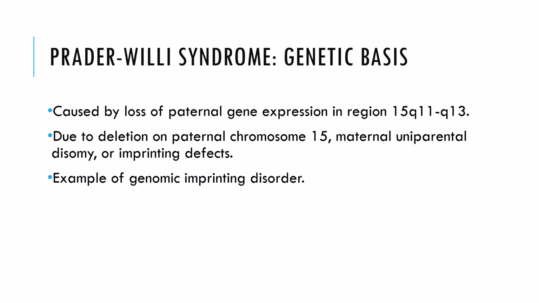Yes, genomic imprinting is a phenomenon that involves the expression of a gene depending upon its maternal or paternal origin. The imprinted gene is not expressed, but the similar gene, that is the allele, carried from the other parent is expressed. Prader-Willi syndrome is the typical example of genomic imprinting. Another example is Angelman syndrome.